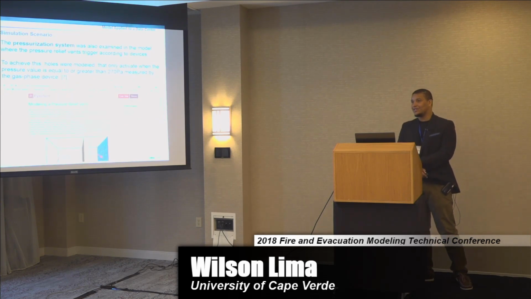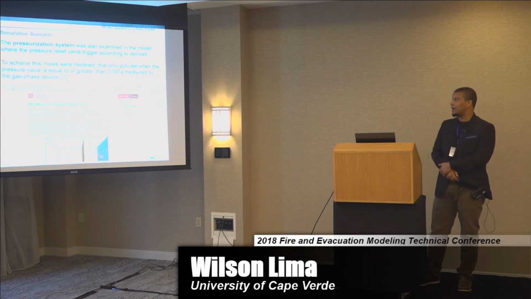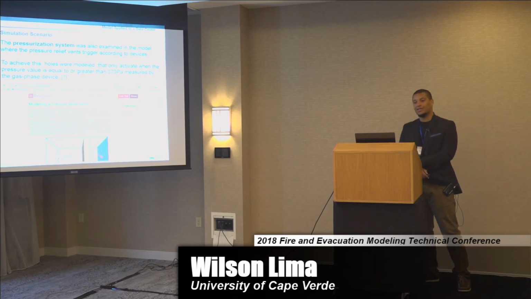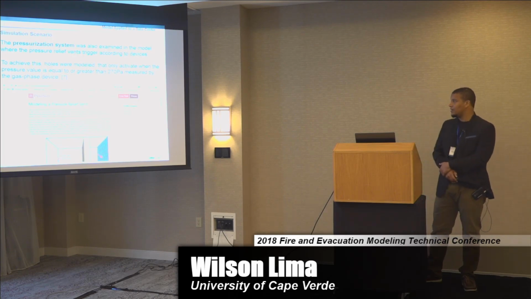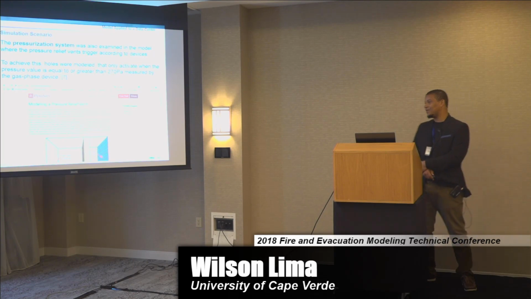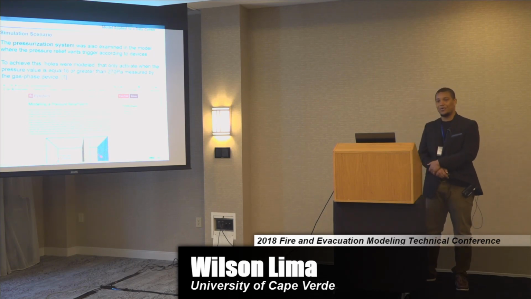For this simulation scenario, we also considered a pressure system, based on a post that Thunderhead Engineering made in November 2014, where we asked in the discussion group how to model pressure relief vents. They explained how to do it, and it works fine in our model.